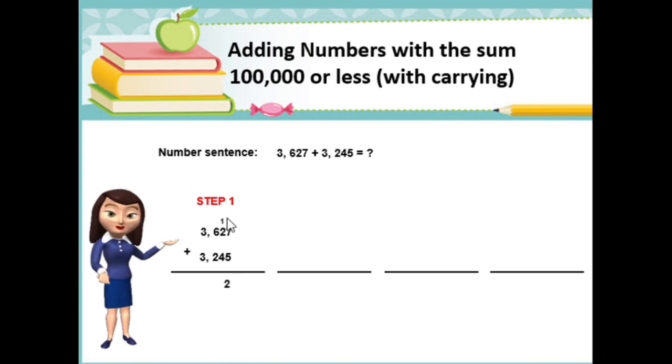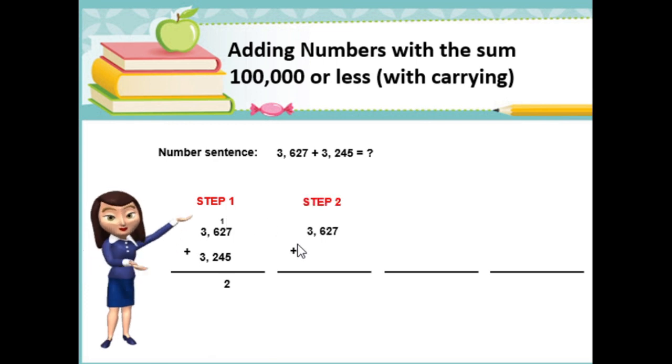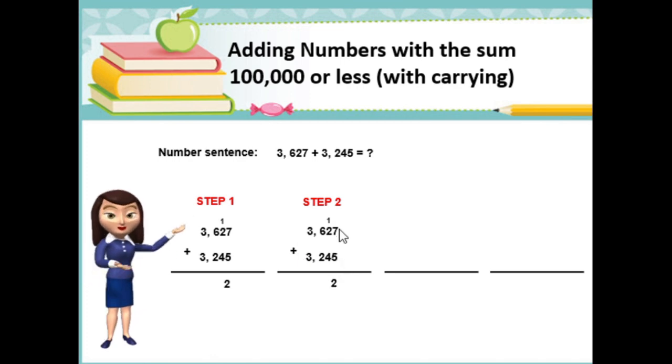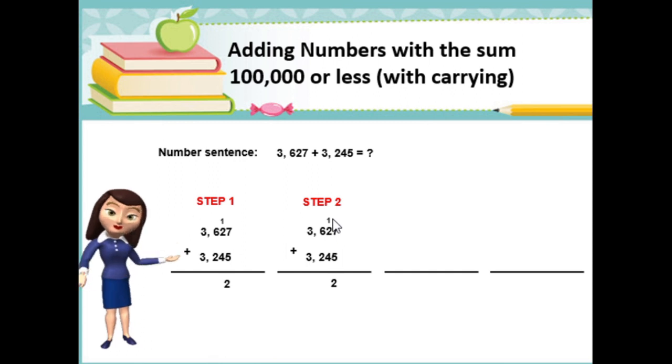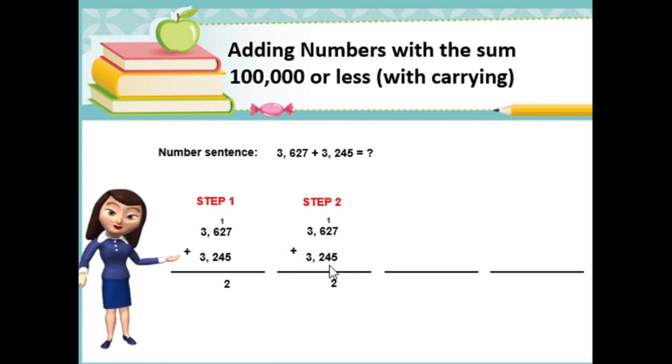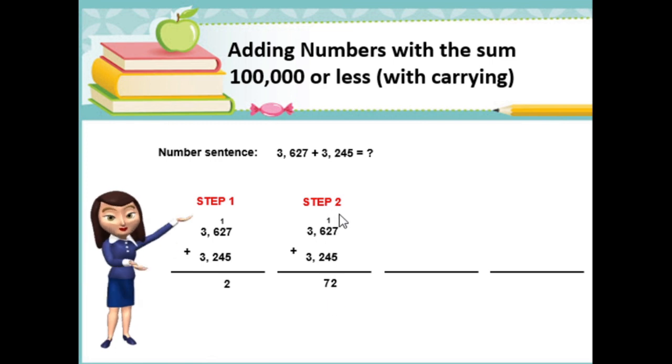That is step 1. Step 2, after adding 7 and 5 and carrying 1, you proceed to adding the carried number, which is 1. So it's 1 plus 2 equals 3 plus 4 equals 7. This is your step 2.